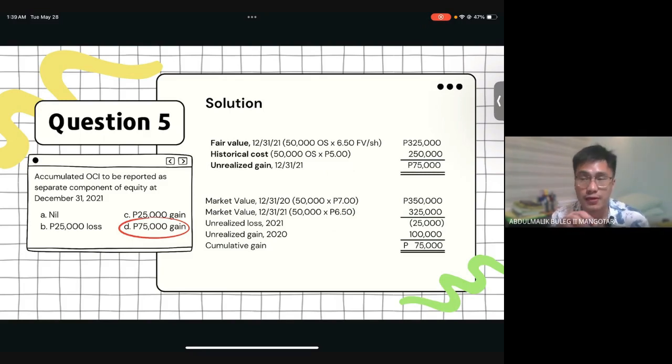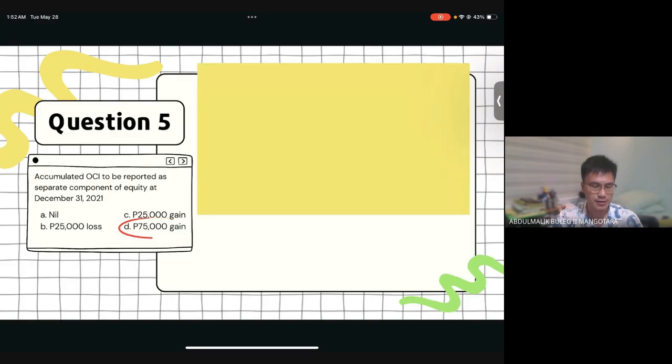Therefore, the amount to be recognized in accumulated OCI as of December 31, 2021 is a cumulative gain of 75,000. So this approach simplifies the calculation by directly comparing the fair value at the end of the year with the historical cost, providing a straightforward method for determining the unrealized gain or loss for the year as required for reporting accumulated OCI. And here are your journal entries.